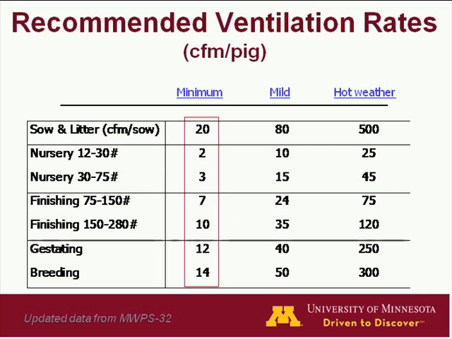So that minimum rate is determined to control moisture, and it should be adhered to as closely as possible. If you get much below that, you have air quality problems. But if you get above it, the air quality will be good, but you may use a little more energy than you need.